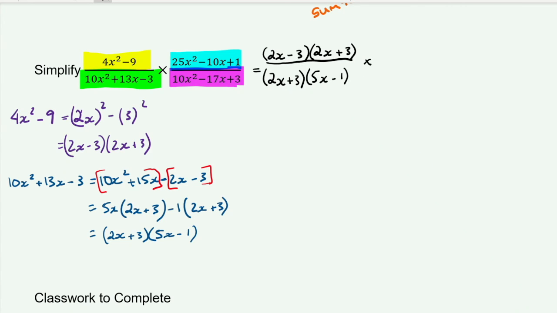Okay, let's move on to the next one. I have 25x squared minus 10x plus 1. So I need to multiply to 25 but add to minus 10. Well, that's going to be minus 5s.